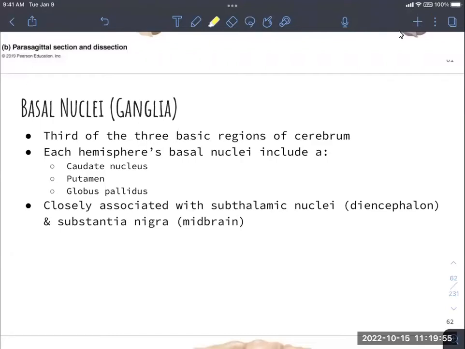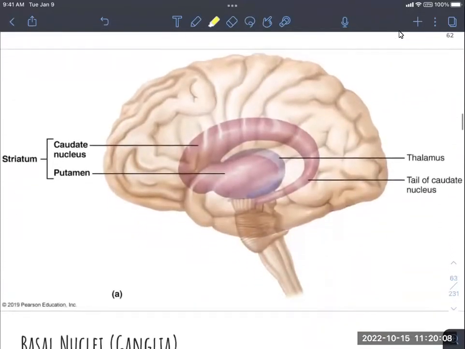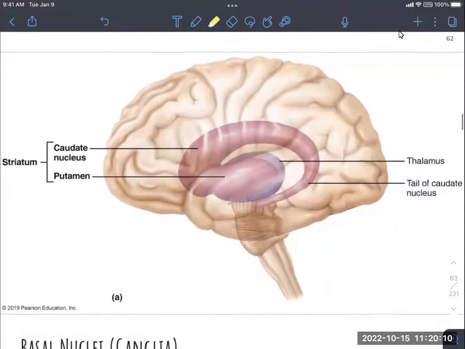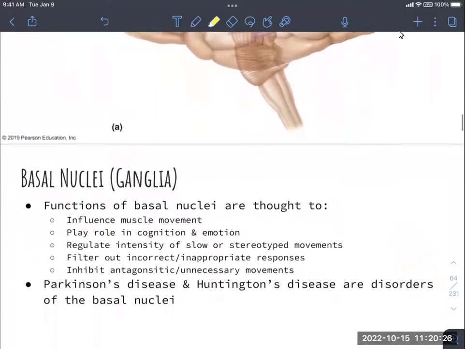For basal nuclei specifically, we have a caudate nucleus, a putamen, and a globus pallidus. You can see where some of these are, the caudate nucleus and the putamen, all within this area of the brain.